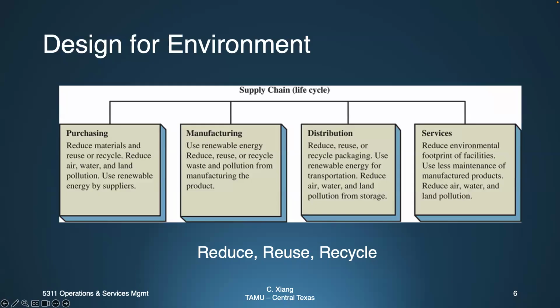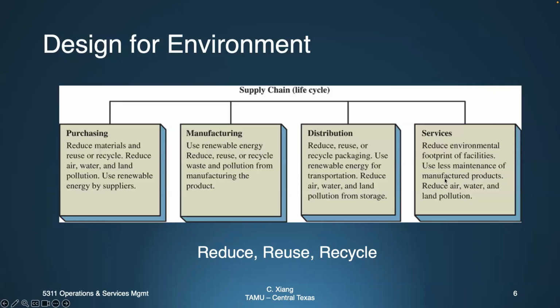Now let's connect these ideas back to product design. Across the entire supply chain, from purchasing and manufacturing to distribution, and then product use and services, and finally disposal, materials, energy, and resources are consumed, and waste is generated. The question is, where is the best opportunity to improve sustainability?